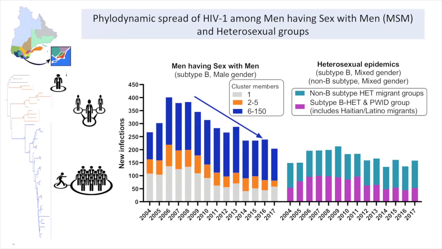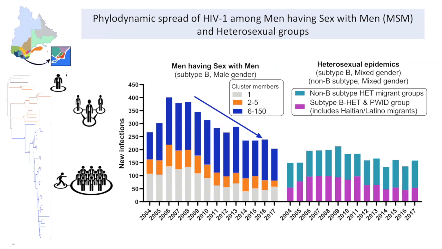As you can see, since 2007, there has been a decline in the number of new infections due to the introduction of optimal HAART with single pill dosage and pre-exposure prophylaxis and the introduction of integrase inhibitors.